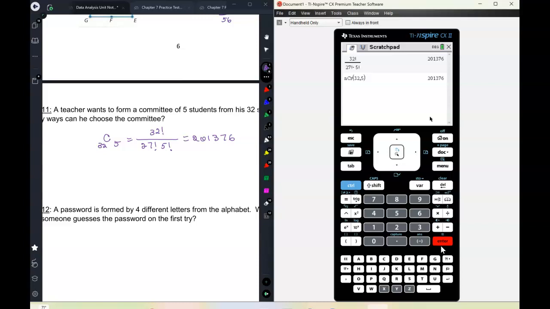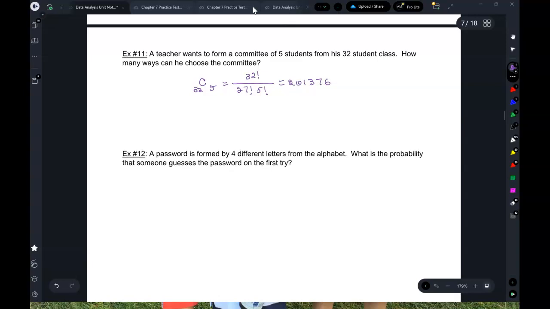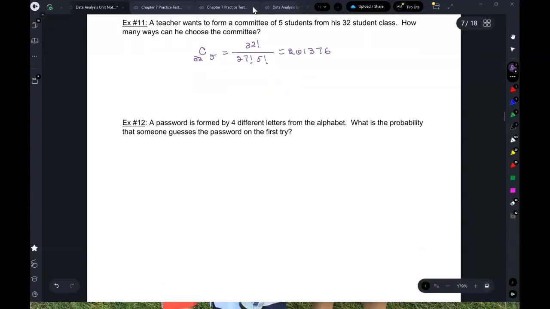Okay. A password is formed by 4 different letters from the alphabet. What is the probability that someone guesses the password on the first try? Is this a permutation or a combination? Permutation. It's a permutation because if it's A, B, X, Y, that is choosing those 4 letters in order.